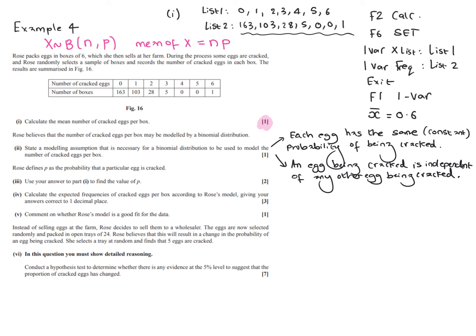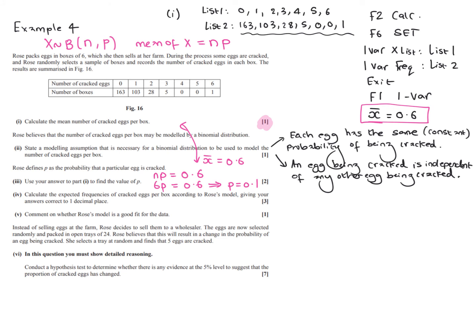So we know that np is equal to 0.6 because we know that from part 1, the average value x bar is equal to 0.6. We worked it out. So that means np is equal to 0.6. n, remember, represents the number of eggs in each box, which is 6. So 6p equals 0.6, and this then tells us that p is equal to 0.1.